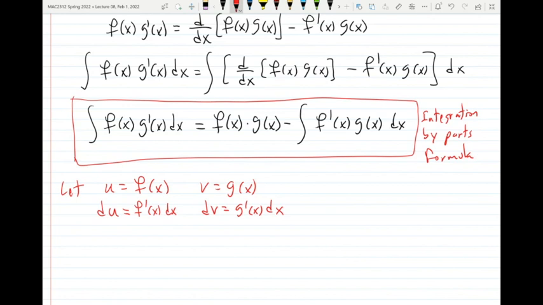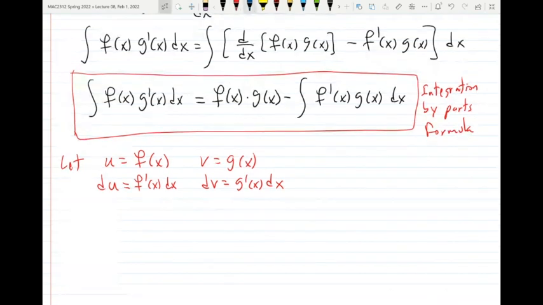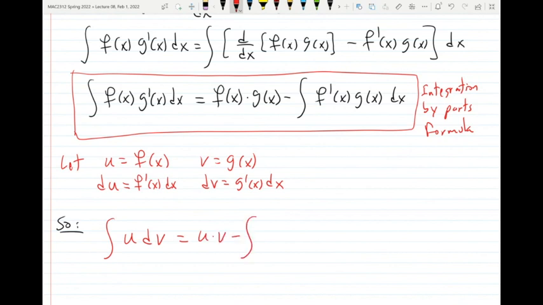So let's go now to the formula. g prime of x dx, that's just dv. So we can write this as the integral of u dv equals u times v minus the integral. Now, instead of this, I'm going to switch these two.